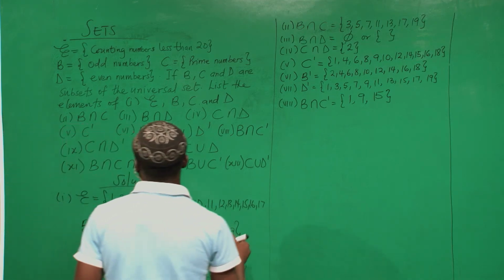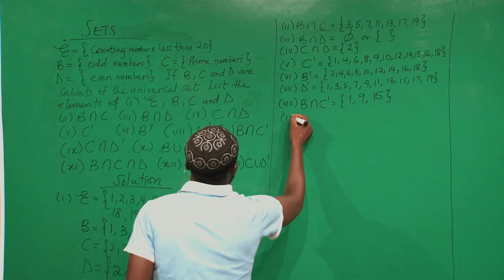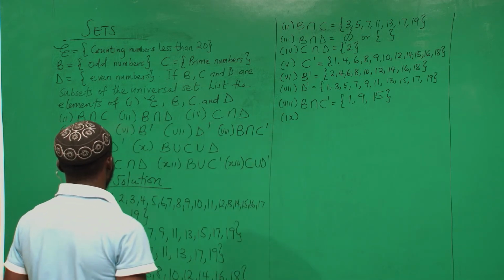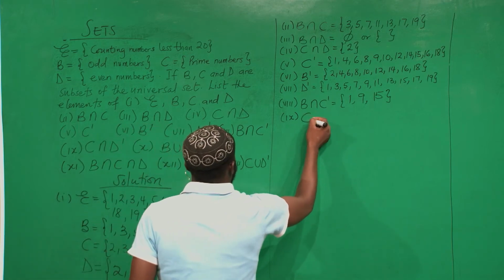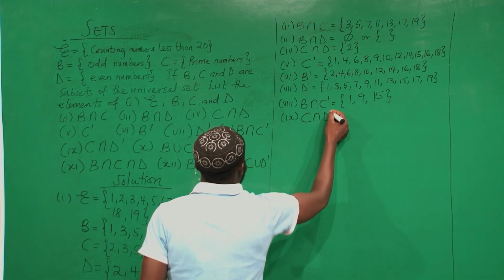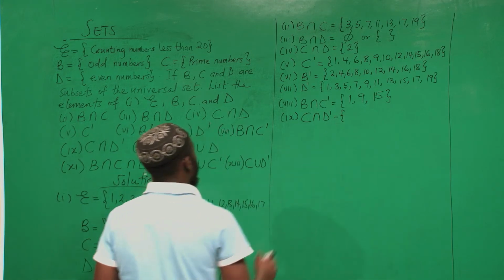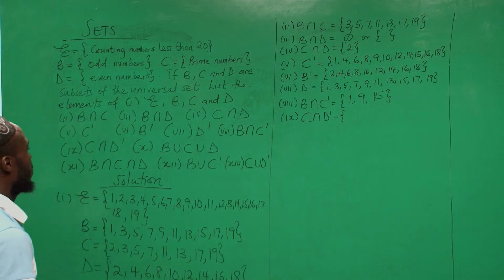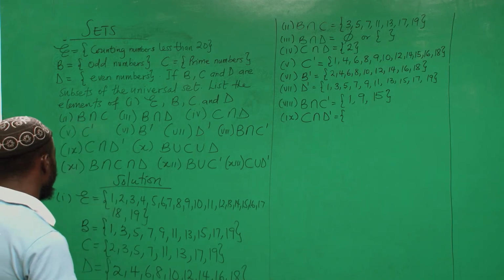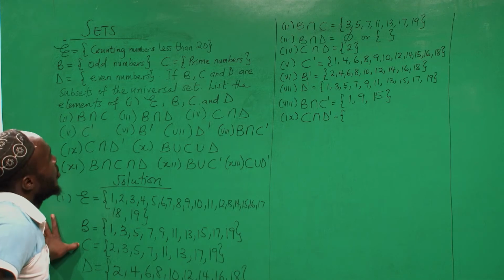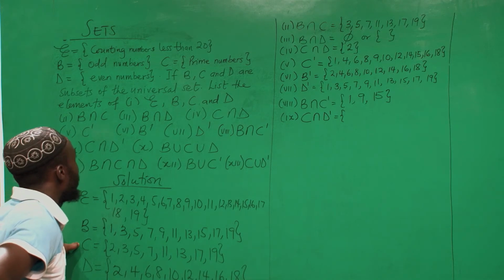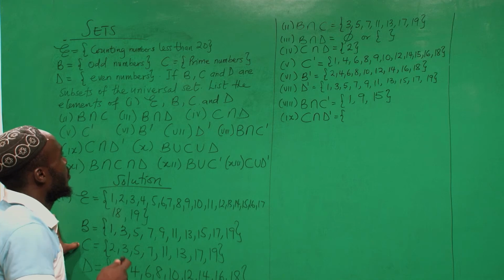Let's move on to IX. IX is C intersection D complement. So we compare C to D complement. This is our C. Where is the D complement on the board? 1, 3, 5.